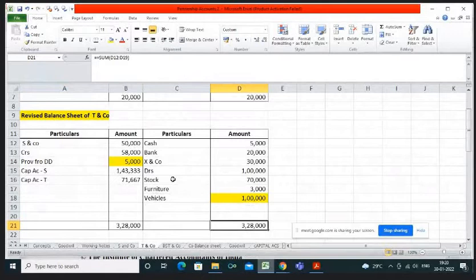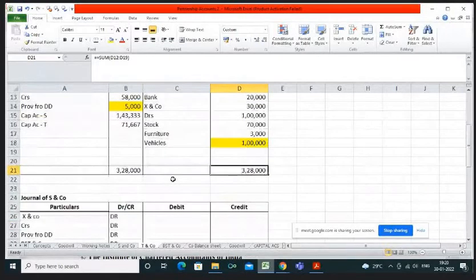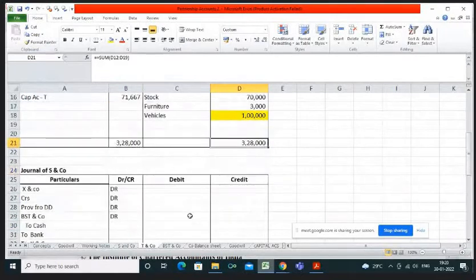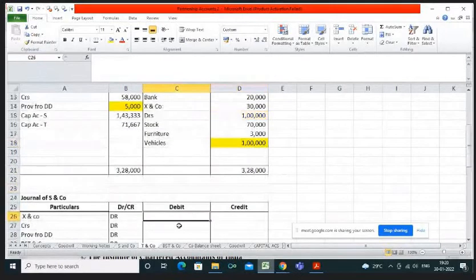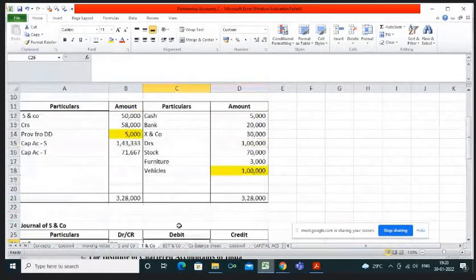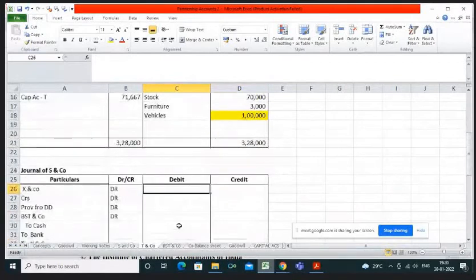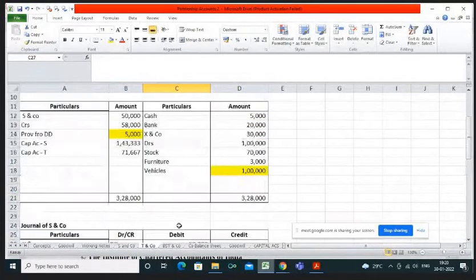Now what should I do? I should do the journal entry for transferring all the assets and liabilities to the new firm. So I'm starting with the liability side. S and Co has an amount of 50,000. And then creditors 58,000.